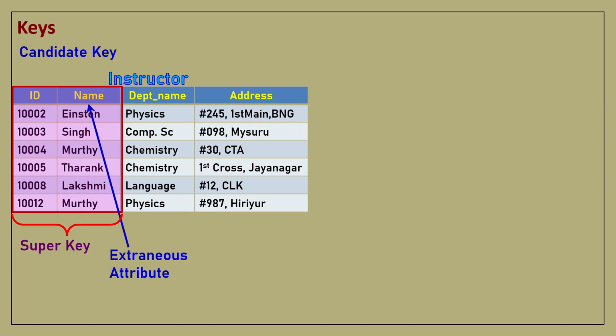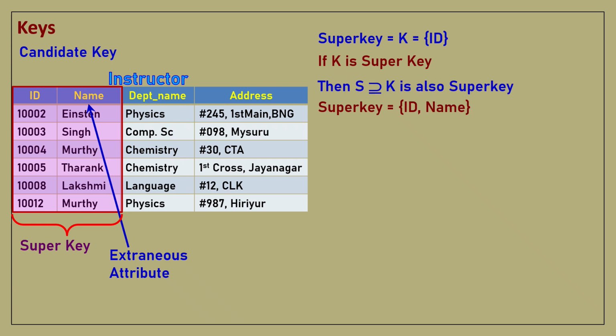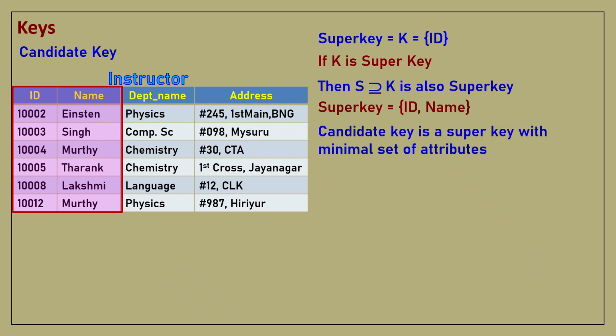For example, the combination of ID and name is a superkey for the relation instructor. That means, if all values in the ID attribute are unique, then values of ID with name combinations are also unique. If K is a superkey, then any superset of K is also a superkey.